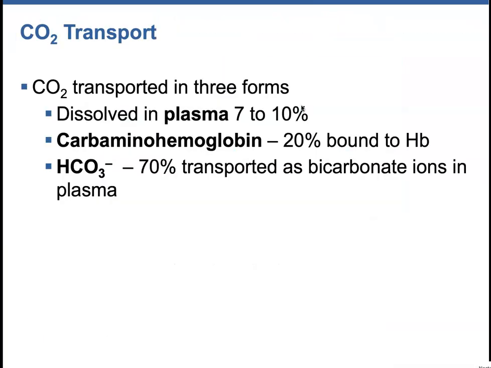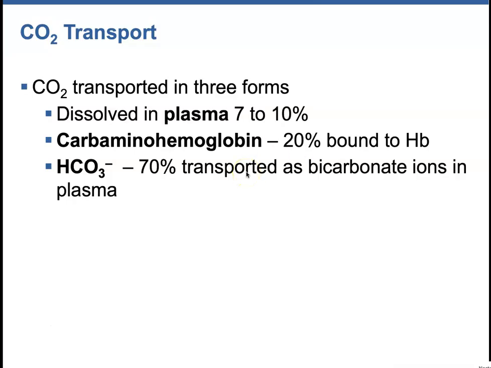Then carbon dioxide: the way that it's transported in our blood, the majority of it is dissolved in the plasma in the form of bicarbonate. Any carbon dioxide that binds to our actual hemoglobin is called this big word, carbaminohemoglobin. So this is bound carbon dioxide on the hemoglobin.